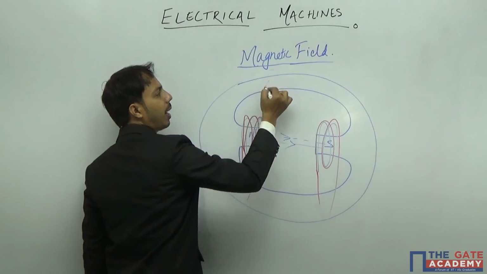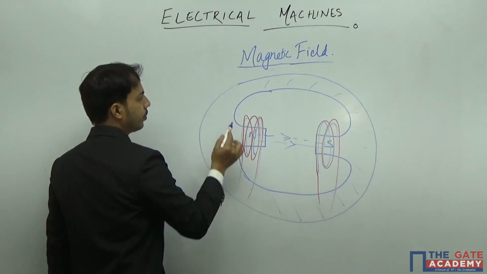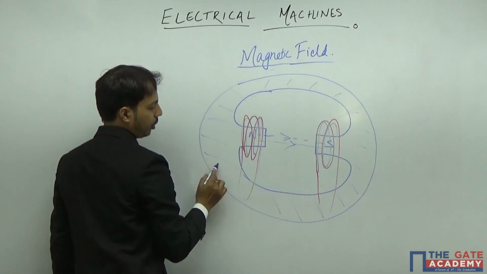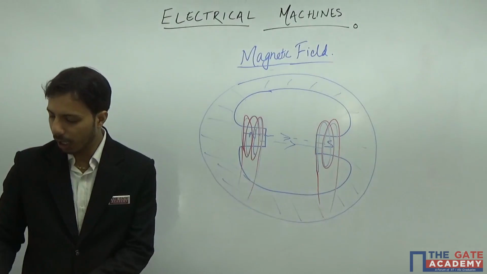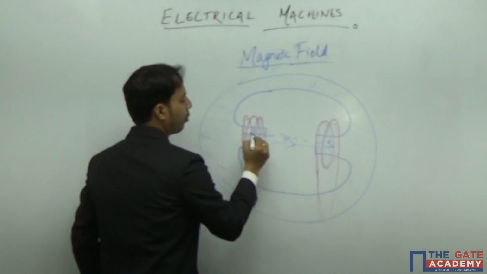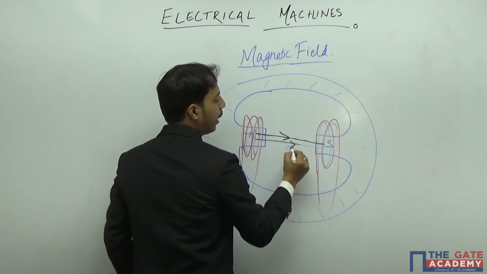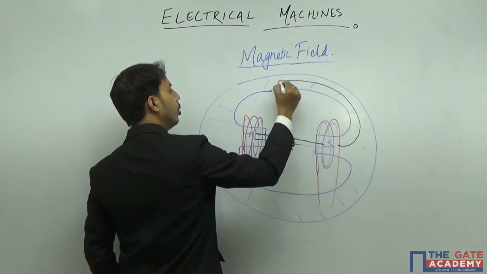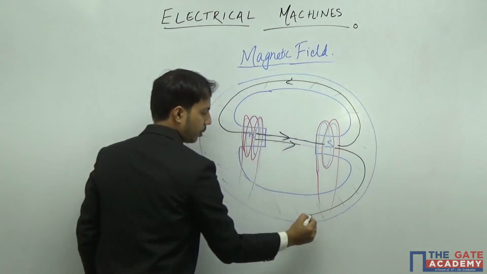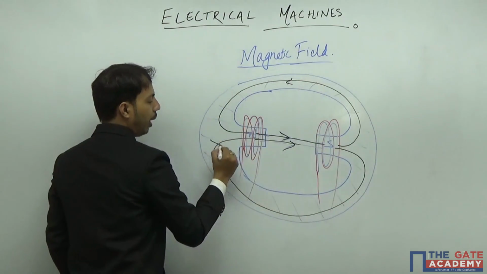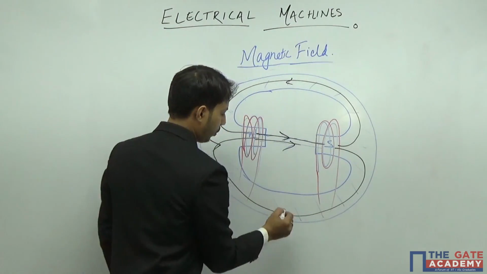See, this is my bar. So it will flow from north to south outside the bar, and from south to north inside the bar. And this is also called the flux lines.